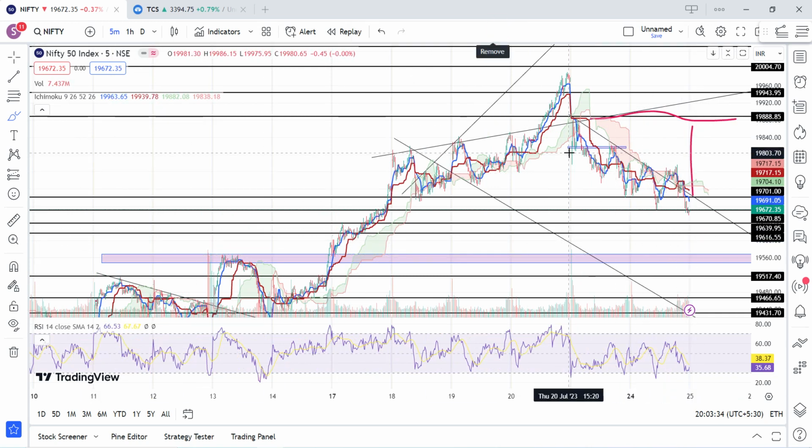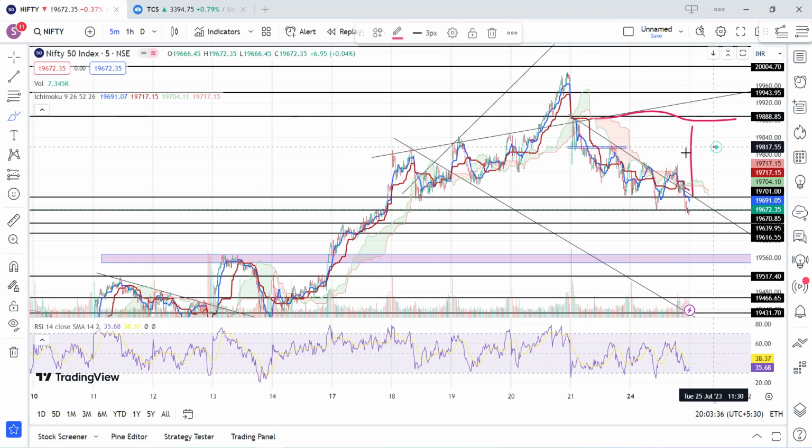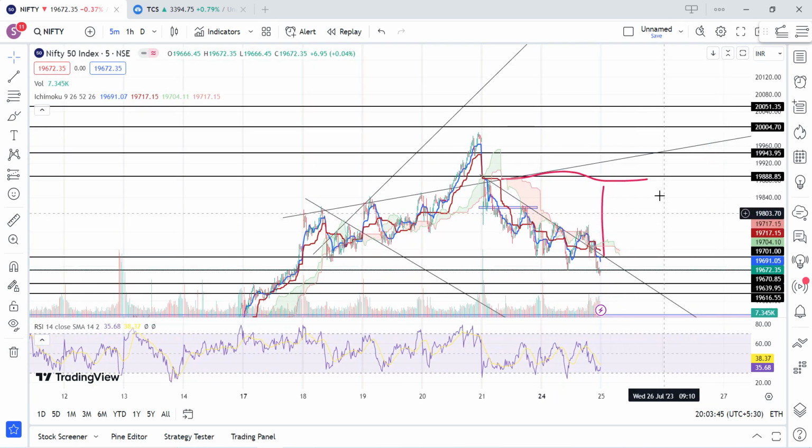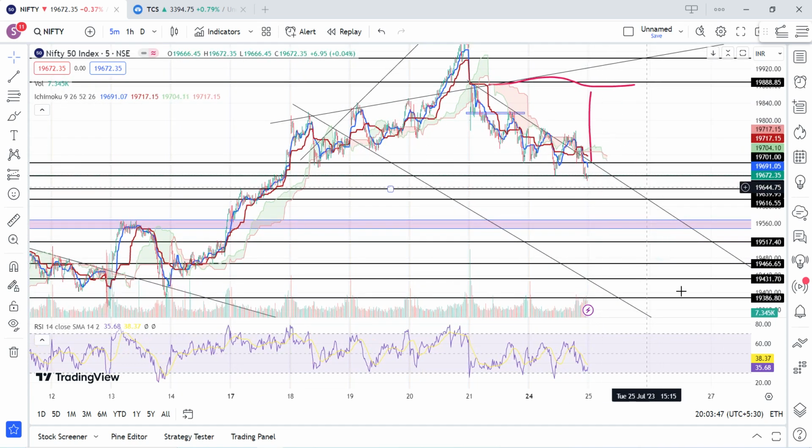If the market goes upside, I will take PE sell. If the market comes downside, I will take CE sell. If it comes downside, I will take 19,750 CE. If it goes upside to this level and makes a retracement, I will take 19,650 PE sell. Like that I will trade.